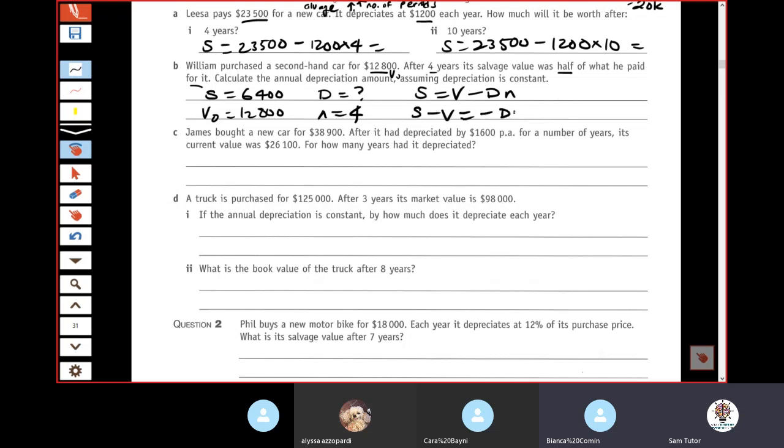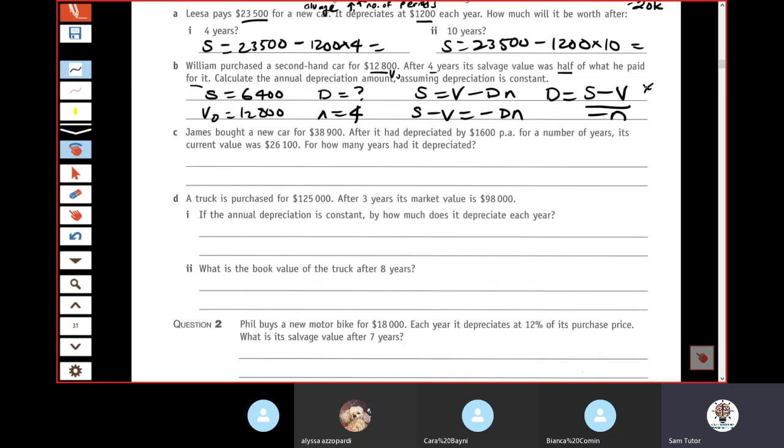So I'm going to write it like this, and then you've just got to divide by negative N. Done. So D equals S take away V, divided by negative N. And technically you can just plug everything in and you'll get your answer. Obviously, if you didn't want to do it like this, you could have just put your numbers in first and then solved for D, which would have probably been easier.